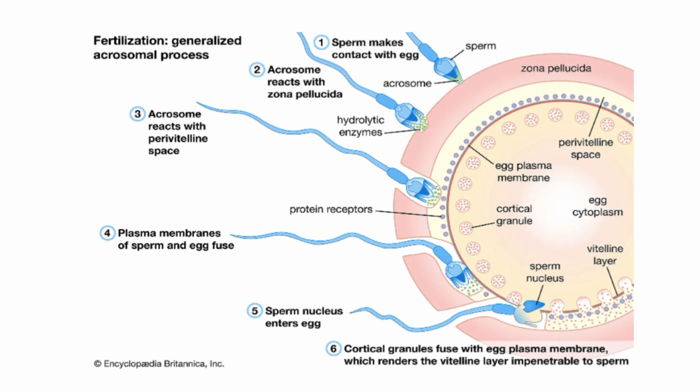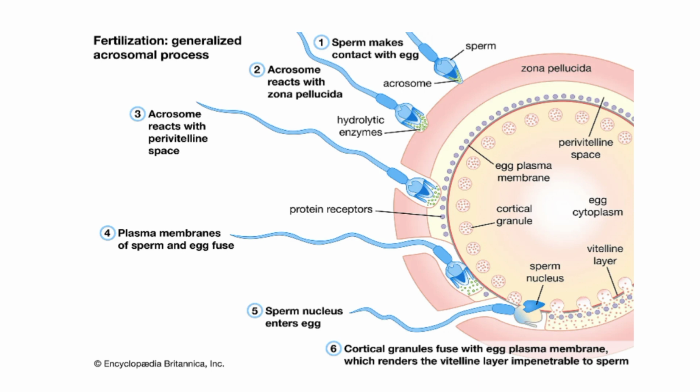It follows after the corona radiata. The zona pellucida is the one that gives access to the spermatozoa to enter the membrane and find itself in the cytoplasm of the female oocyte.